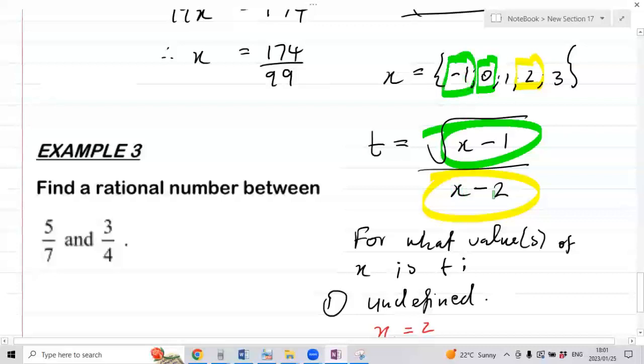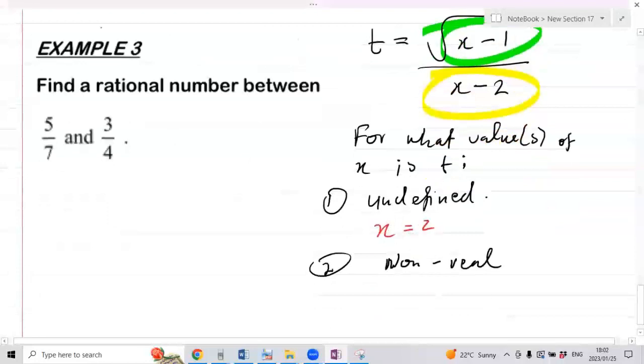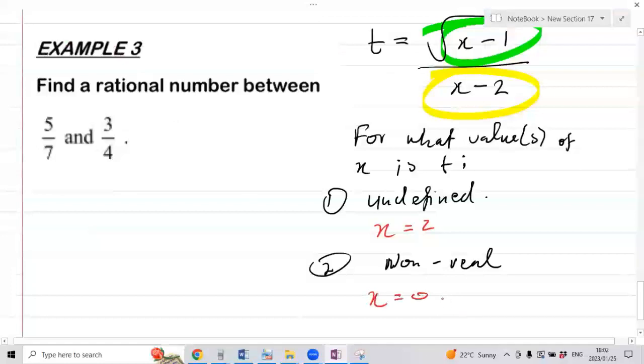Minus 1 will work in the denominator because you'll have minus 1 minus 2, which is minus 3. But it won't work on the top because minus 1 minus 1 is minus 2, and the square root of minus 2 is non-real. So you'll write the answer here: x equals 0 and also minus 1.